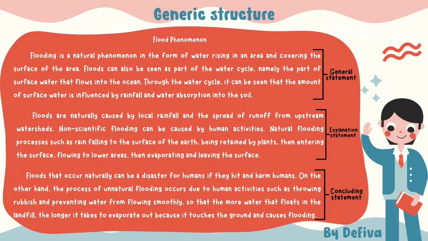The second paragraph is an explanation statement because it contains a series of explanations regarding the phenomenon being discussed. The third and last paragraph is a concluding statement because it contains a closing statement or conclusion of the phenomenon being discussed.